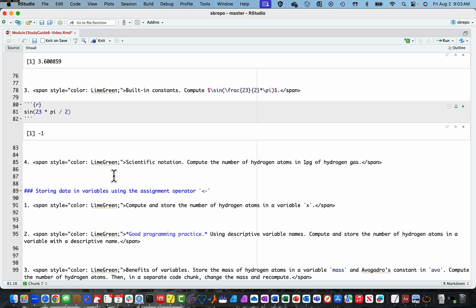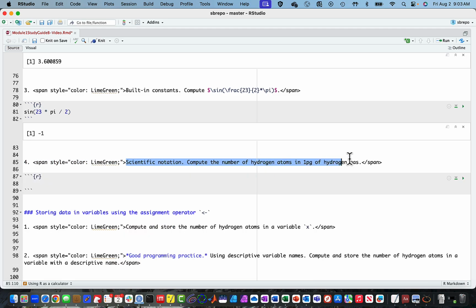Finally, in terms of using R as a calculator, let's see how you can use scientific notation by computing the number of hydrogen atoms in 1 picogram of hydrogen gas. And that's going to be given by the Avogadro's constant, which is 6.023. Now, in scientific notation, we want to say times 10 to the power 23.